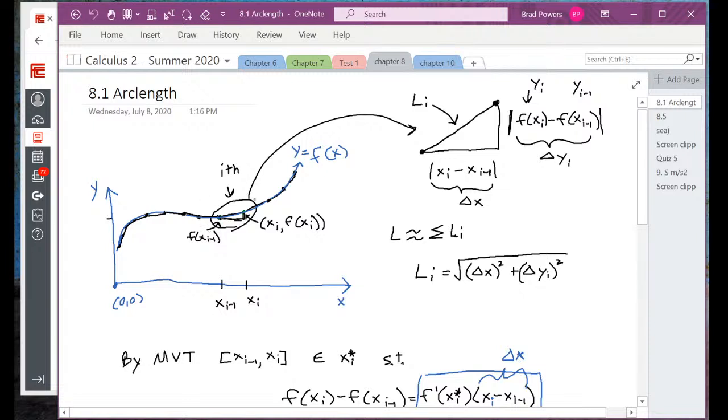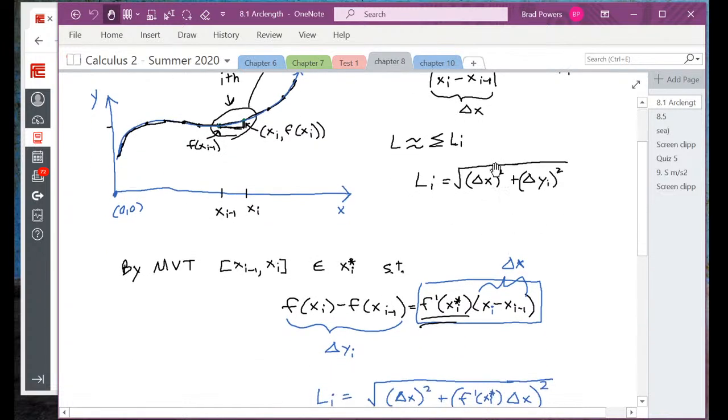What we do is we take any section here, the ith section, and get a triangle. One side is delta x, the other side is delta y sub i, because the change in y is different for any change in x.